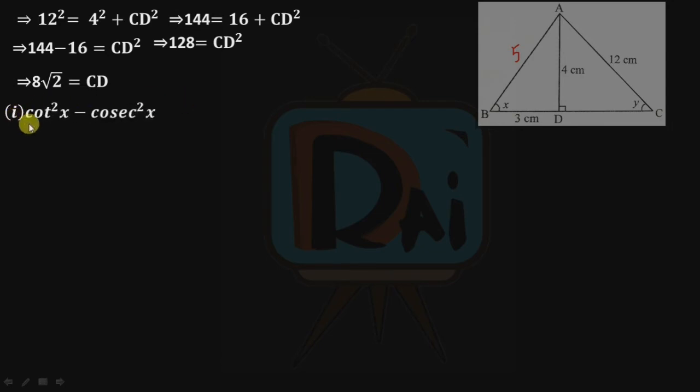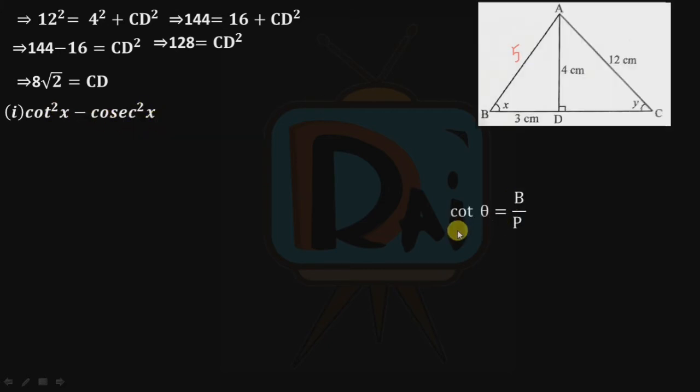First, I need to find the value of cot square x minus cosec square x. That is, cot theta is equal to base by perpendicular and cosec theta is equal to hypotenuse divided by perpendicular.